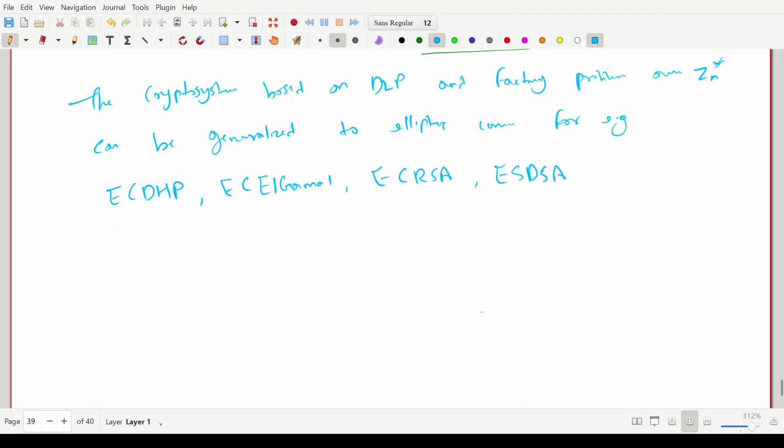DSA, the digital signature standard algorithm, we will be learning later on. So ECC based DLP is more popular, more powerful and more useful than ECC based factoring.